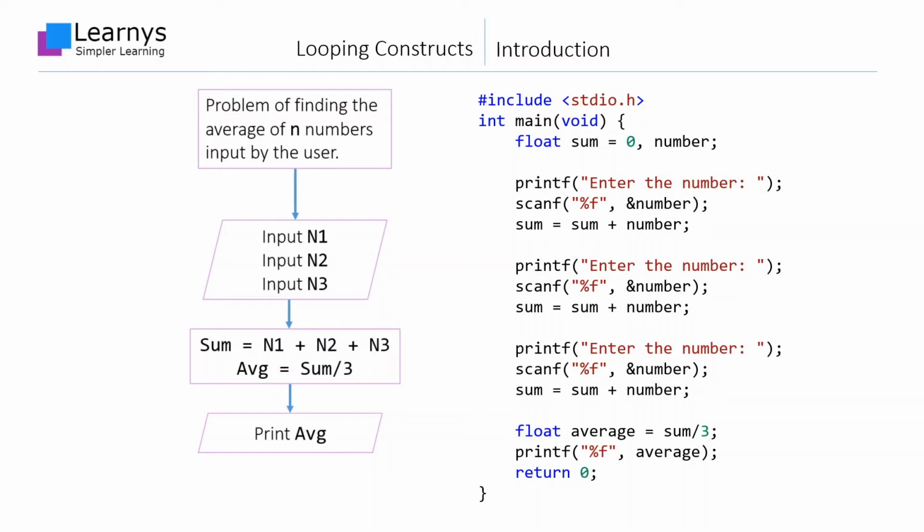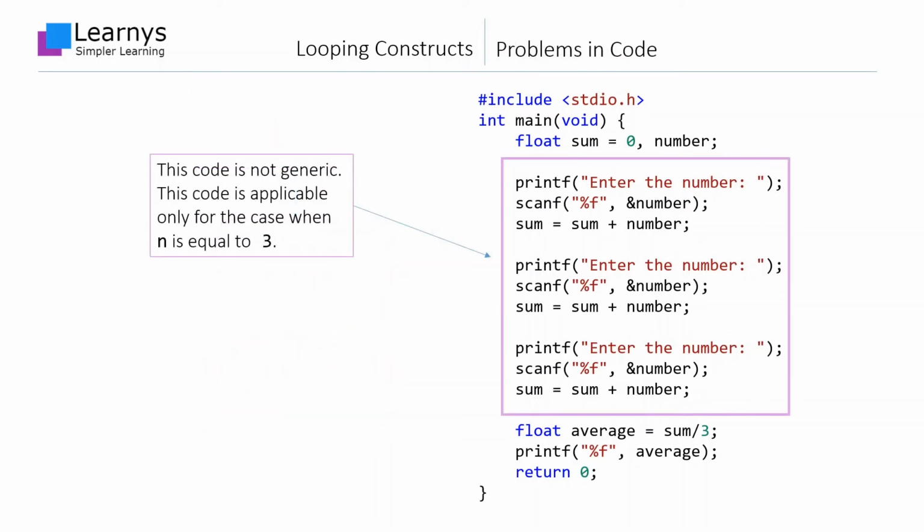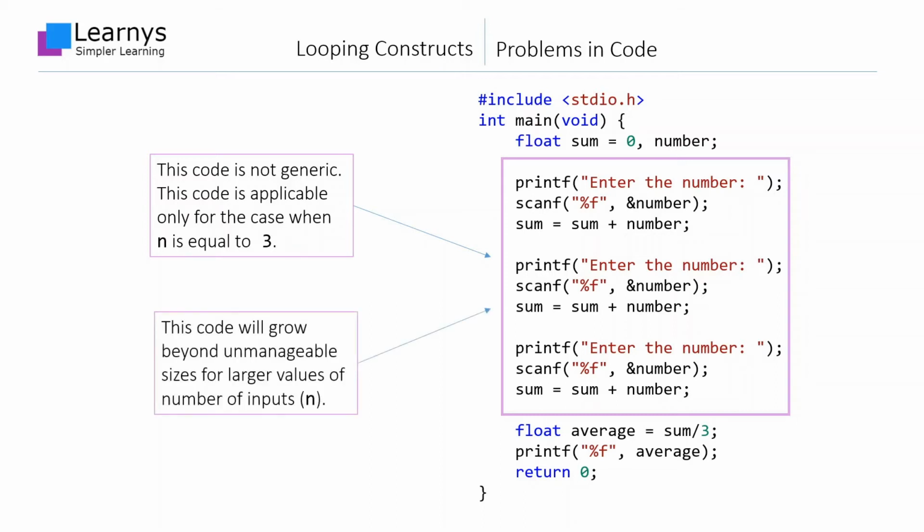This implementation has a couple of serious problems. Firstly, it is not generic. This code is applicable only for the case when n is equal to 3. For a different value of n, the code has to be modified. Secondly, this code is going to grow to unmanageable size for larger values of n.